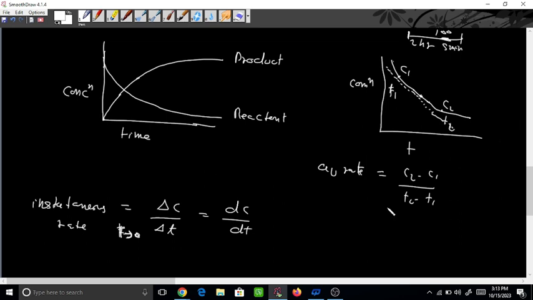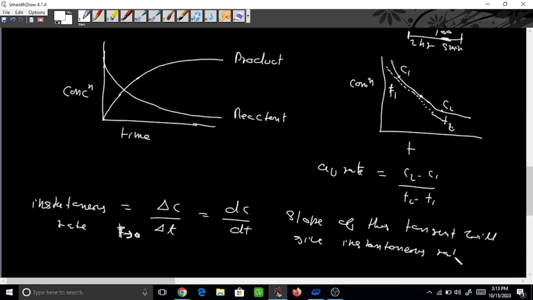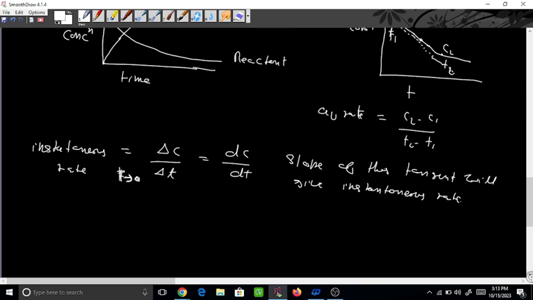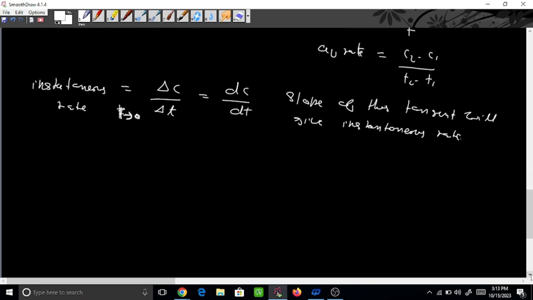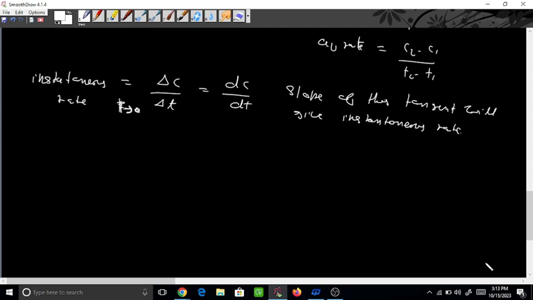The slope of this tangent will give the instantaneous rate. Okay, so the rate for the reactant will always be decreasing and the rate of the product will always be increasing, that you need to remember.